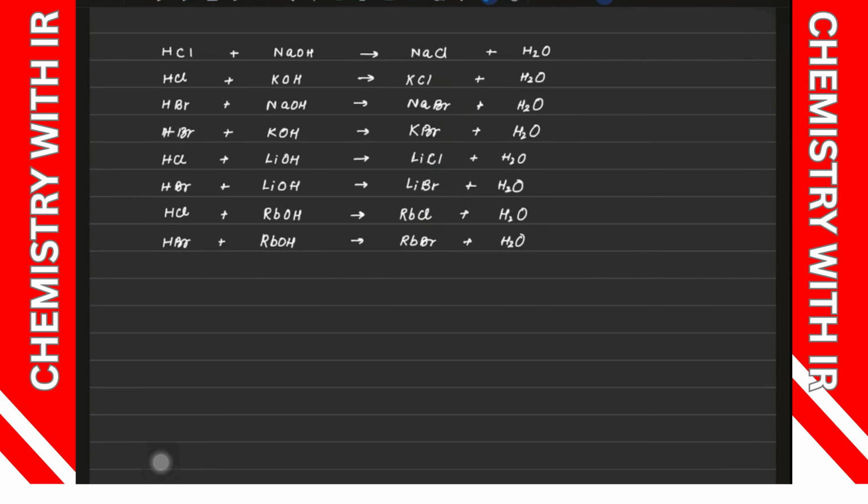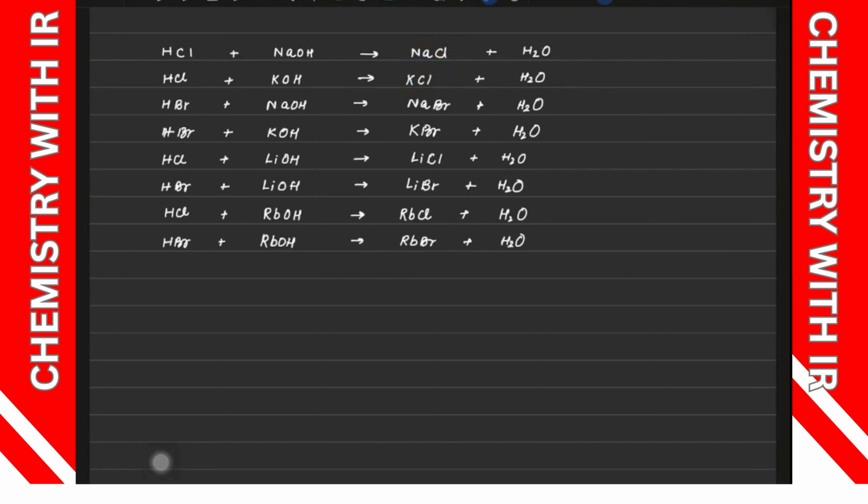No, this is not the reason. In which group are these metals present? Group 1. What's the charge for group 1? Plus 1. So that's why I'm not supposed to write 2 in the subscript of this compound.